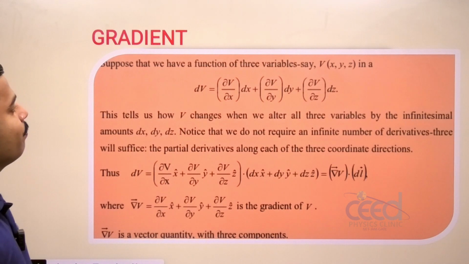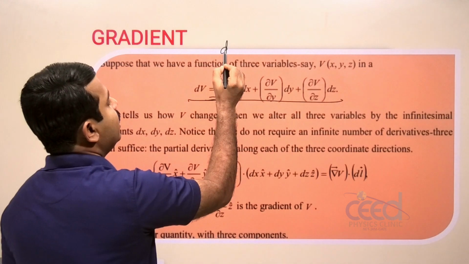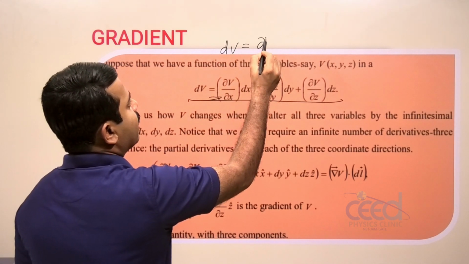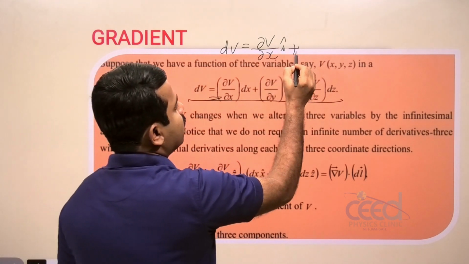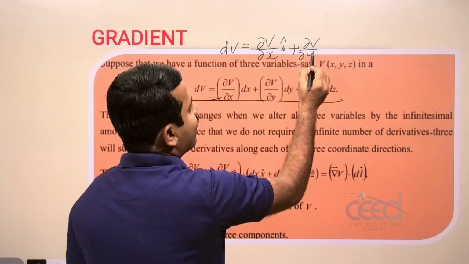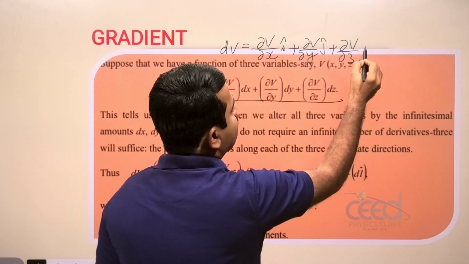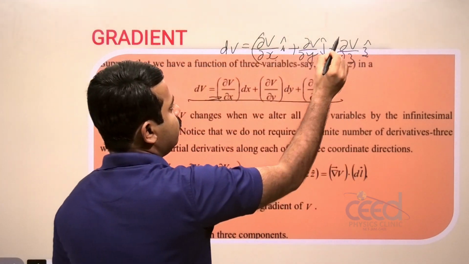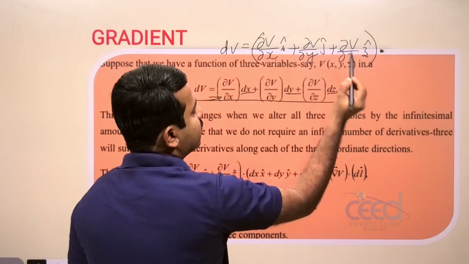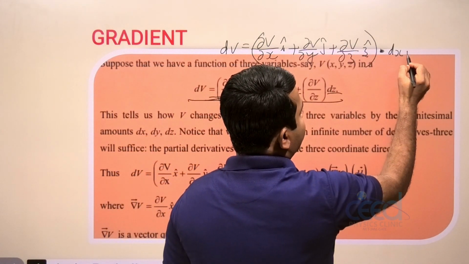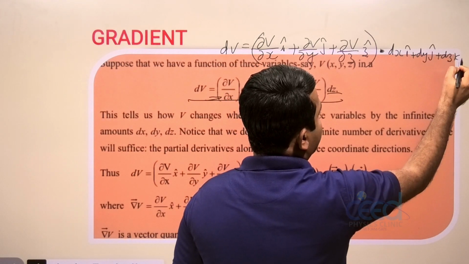Now let us see how we can represent this in vector form. dv is equal to dou v by dou x i cap plus dou v by dou y j cap plus dou v by dou z k cap, dotted with dx i cap plus dy j cap plus dz k cap.